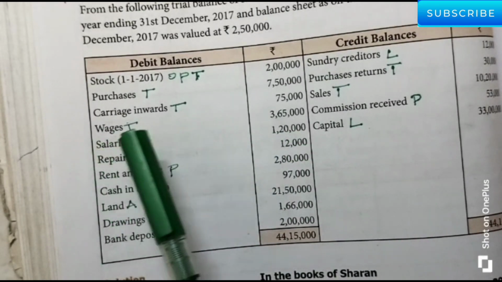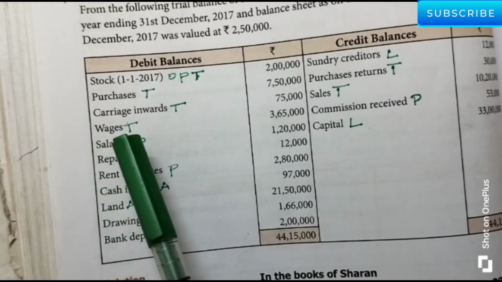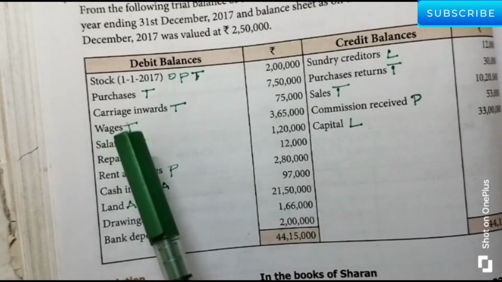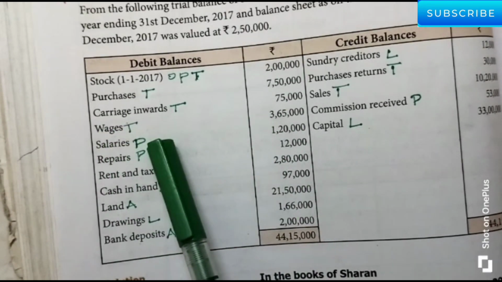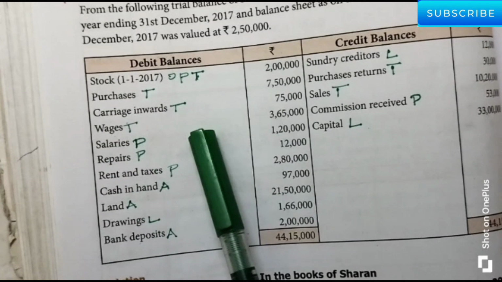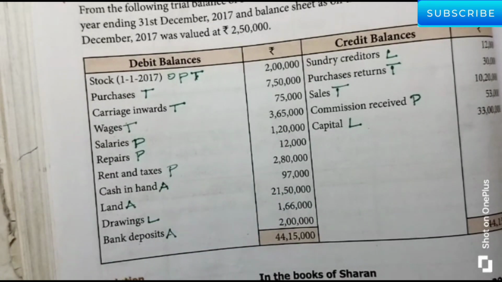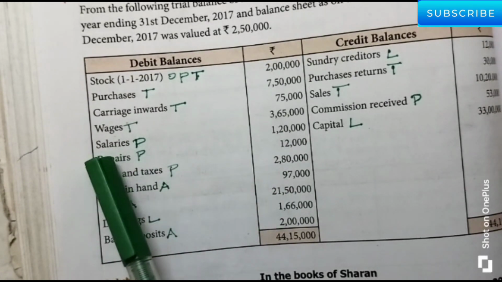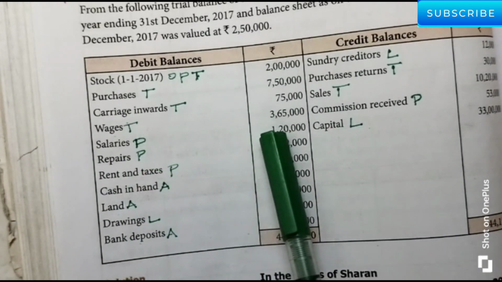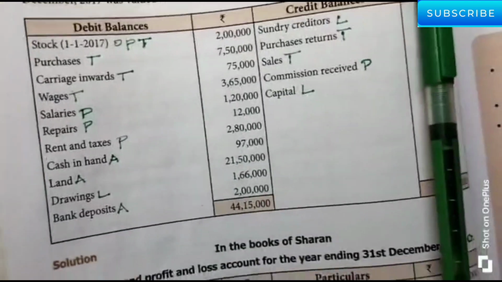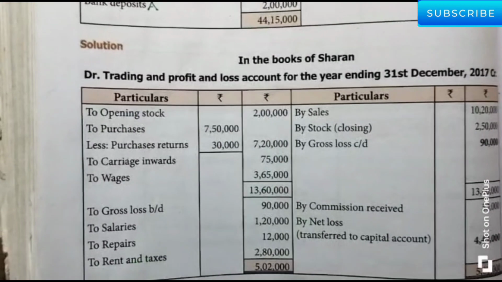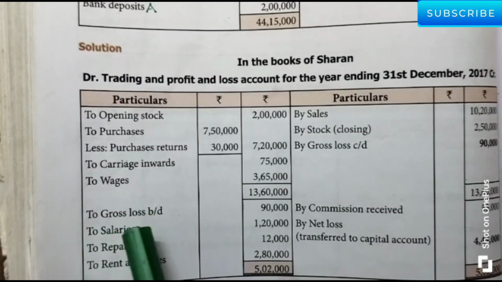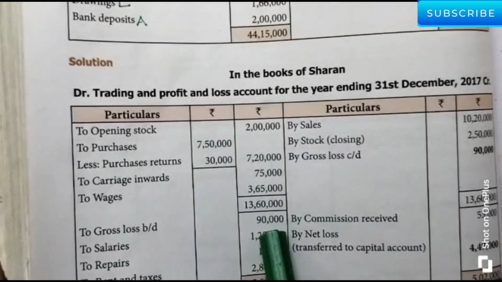Salaries means salaries paid. Salaries are indirect expenses. All the expenses and losses have to be entered on the debit side of the profit and loss account. So, 1,20,000 rupees, you have to enter on the debit side. To salaries 1,20,000 rupees entered.